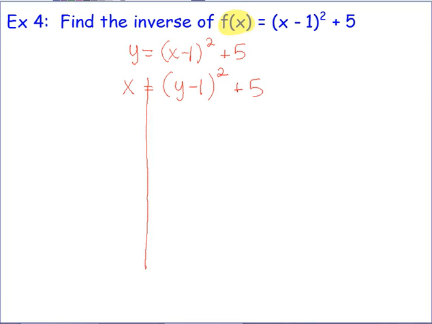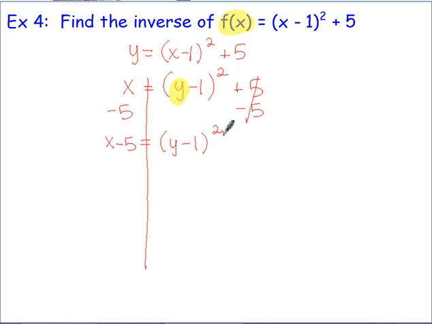I want this guy by himself. So I'm going to start peeling away the layers. What's the furthest number? Well, that's the 5. So I'm going to subtract 5. This, I'm just going to write as x minus 5 equals parentheses y minus 1 squared.